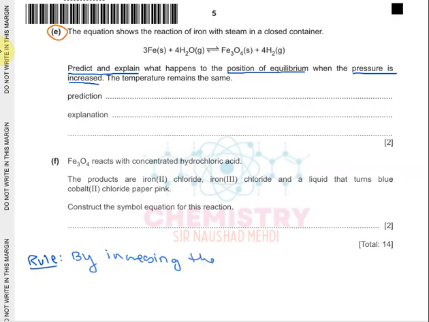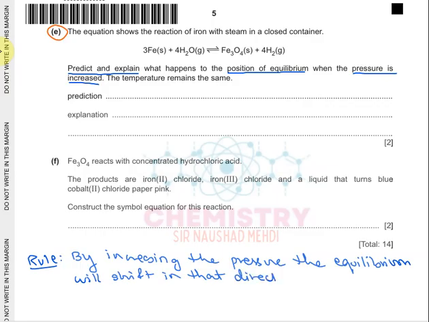By increasing the pressure, the equilibrium will shift in that direction which has less number of moles, and that mole should be of the gas, okay, because the pressure only impacts the equilibrium in which the gases are being involved. It has no impact on the solid or liquid.